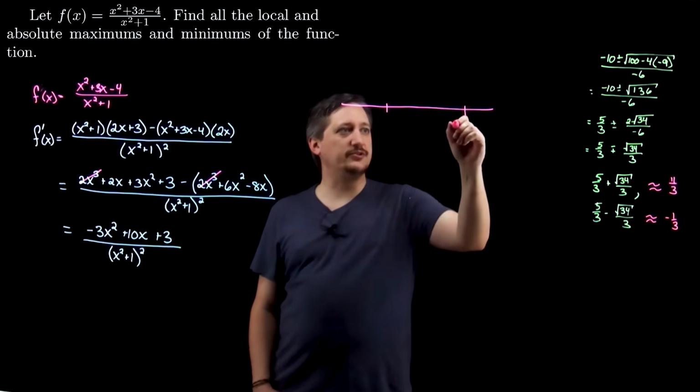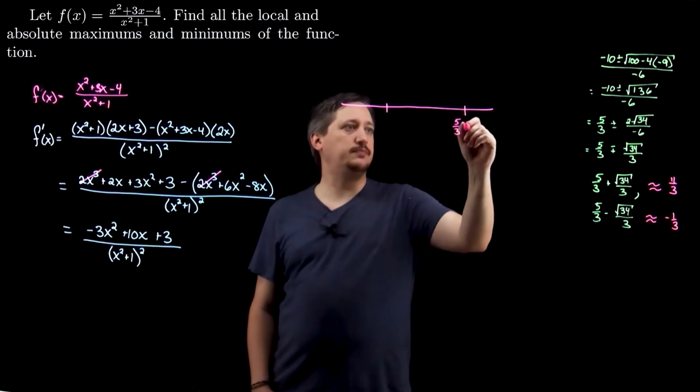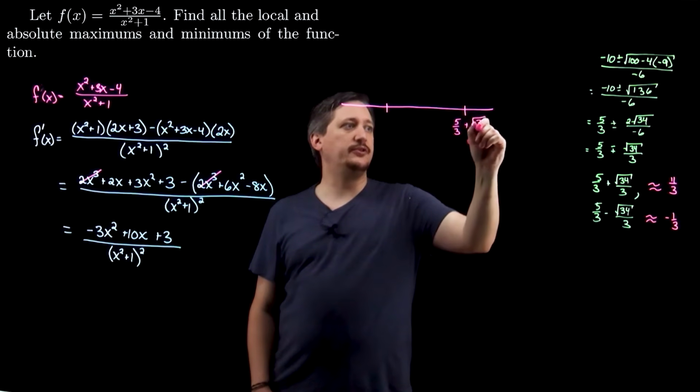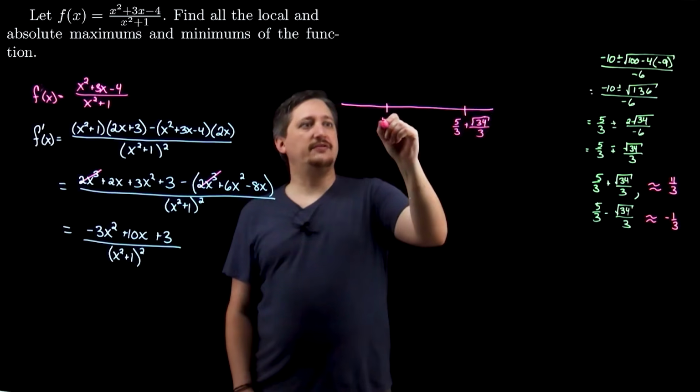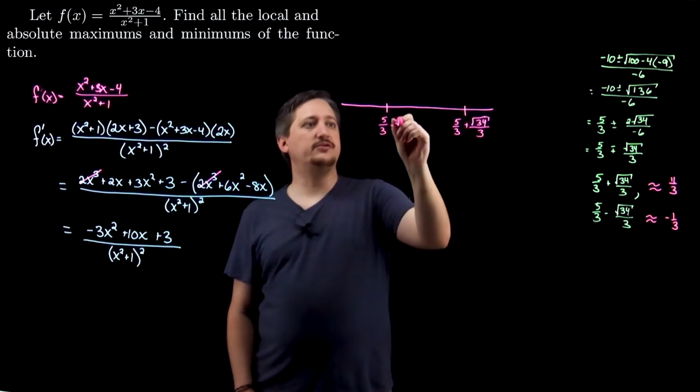Where the actual zeros are 5/3 plus the square root of 34 over 3, and 5/3 minus the square root of 34 over 3.